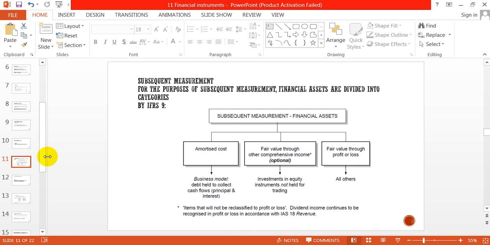The first criteria is that if this financial asset is debt, and the business model is that the debt is held to collect cash flows which are principal plus interest, meaning the holder of the debt will be collecting interest and eventually principal, then the subsequent measurement will be at amortized cost.